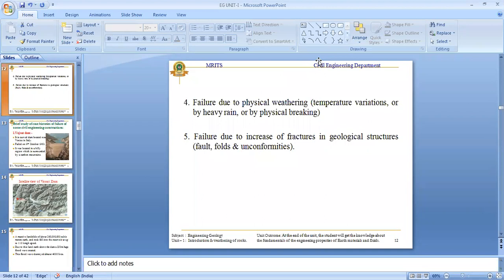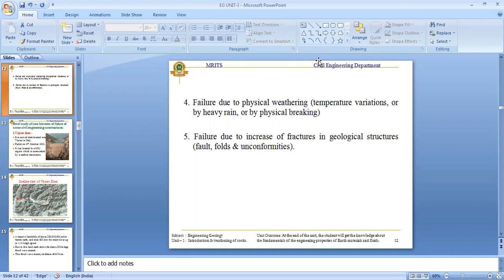By physical weathering, the physical agents are responsible. Those are wind, rain, glaciers, sunlight, temperature variation, seasonal variation, and the different physical changes. Those are all included here in the physical weathering process of dams.